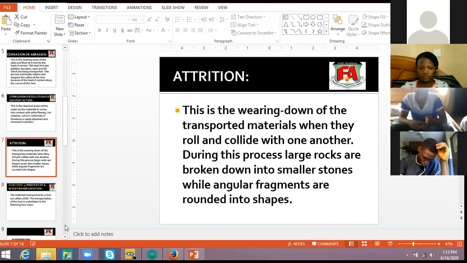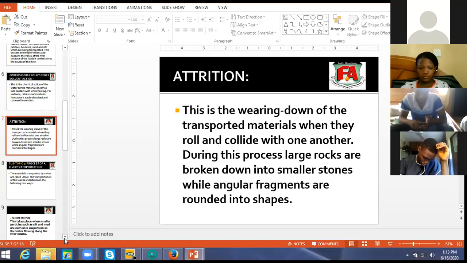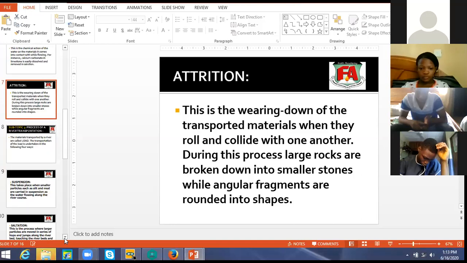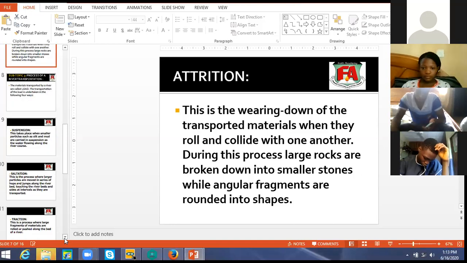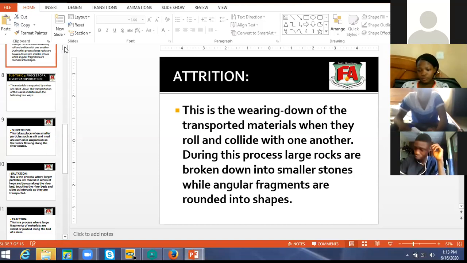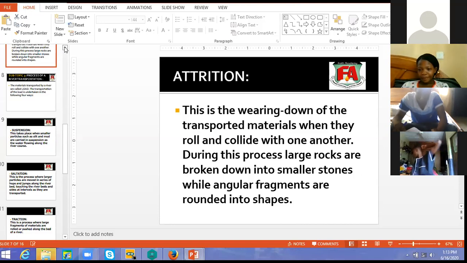And I also explained subtopic 2, which has to do with the process of river transportation. Before I recap the process of river transportation, don't forget, under river erosion, we have 4 major processes.